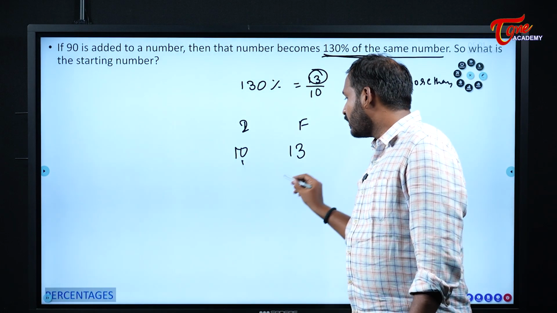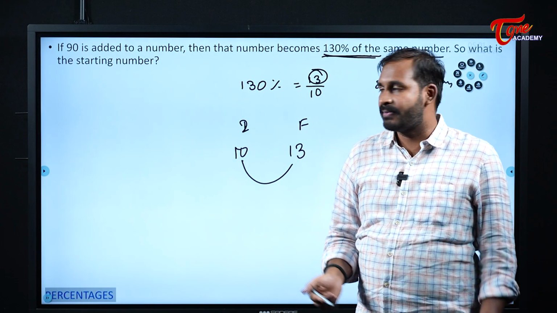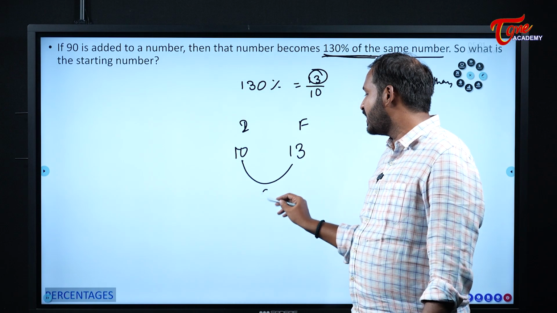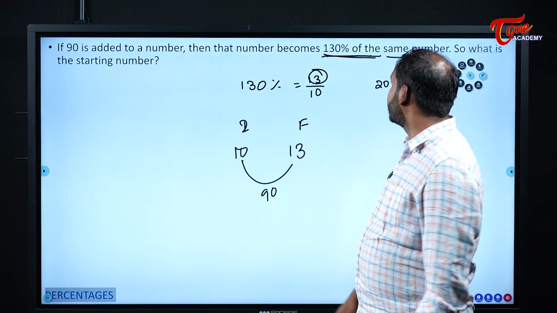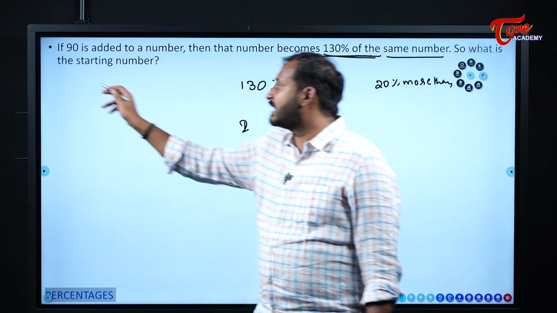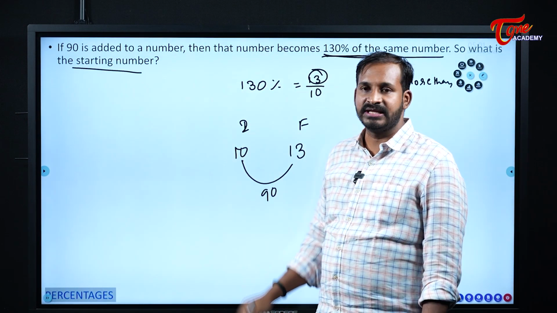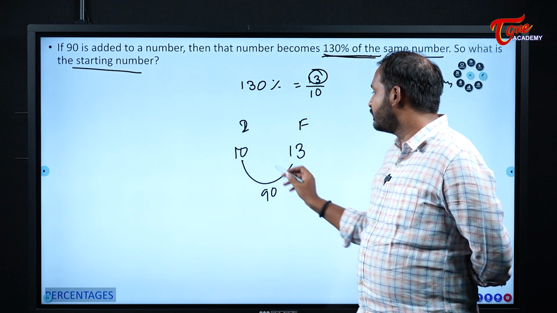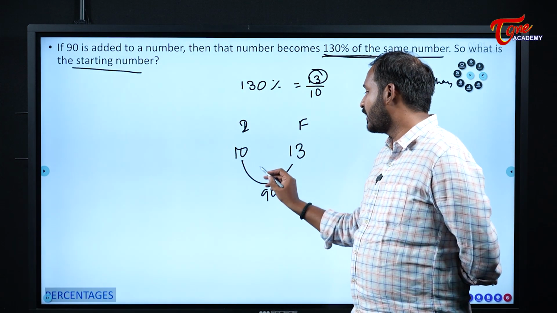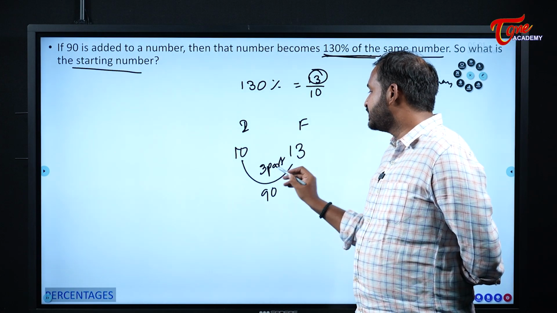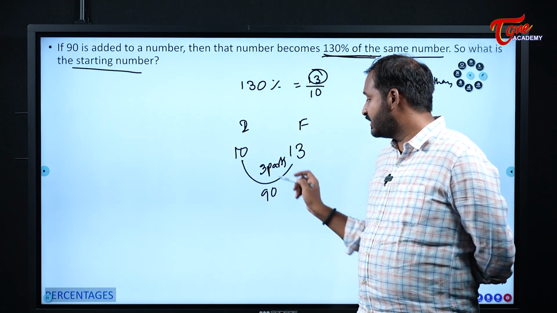And how this case happened is, when I add 90 to this actual number, it became 13 parts. Now, what is the starting number they are asking? Starting number is nothing but initial. Now, please tell me, Emma, what is the difference between these two, initial and final values? 3 parts. This difference came because of what? By adding 90.